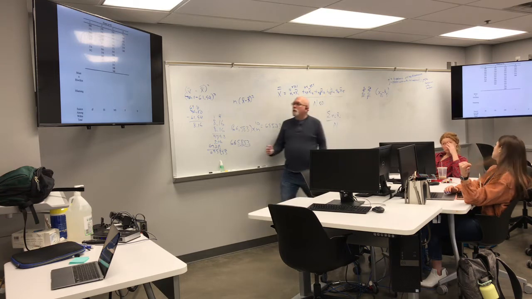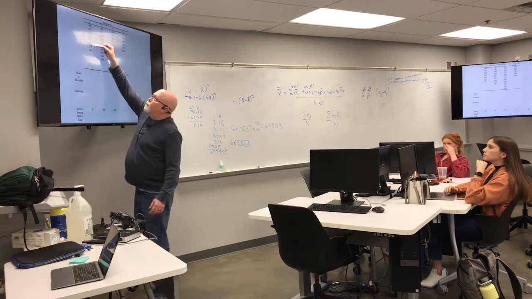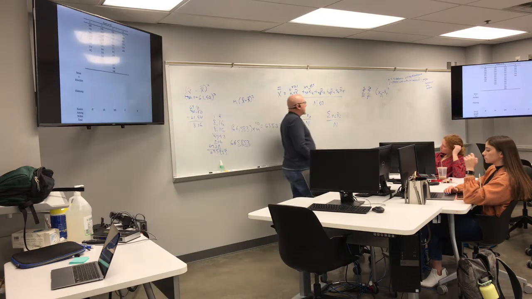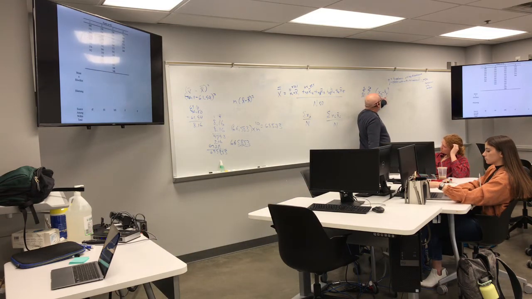So you're summing within a treatment, but then you add all those things up across treatments. So there's two summations. You sum this all for a single sample, a single treatment, then you do it again for another treatment, then you do it again for another treatment for however many treatments you have.